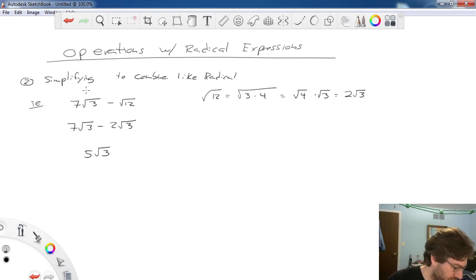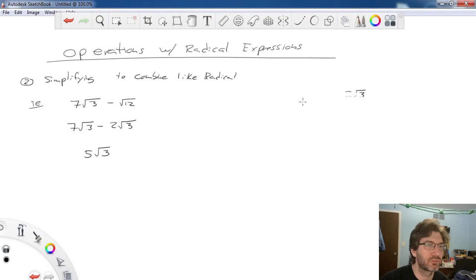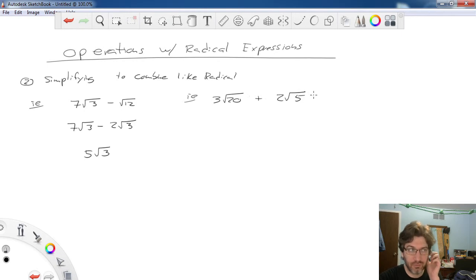So let's look at another example here. Let's look at 3 square roots of 20 plus 2 square roots of 5. You'll note we're still doing operations. We're still trying to add these two together or subtract.